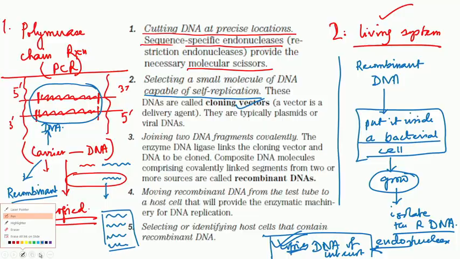So, you see that this technique is so important, because if you want a particular protein, usually proteins are made in the cells in very small amounts. If you want large amounts of the protein, then your target will be to identify the corresponding gene of that protein, and then take the gene and put it as a recombinant DNA.